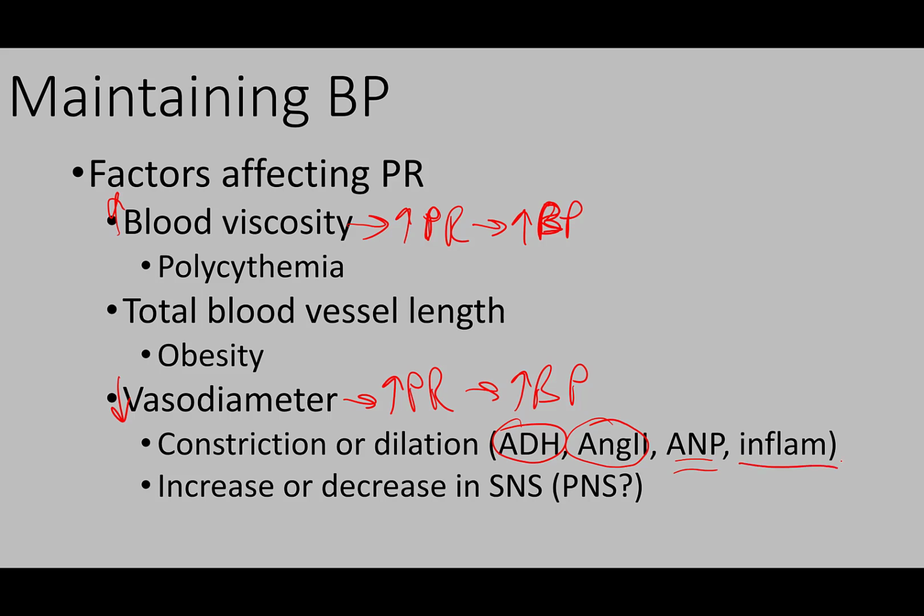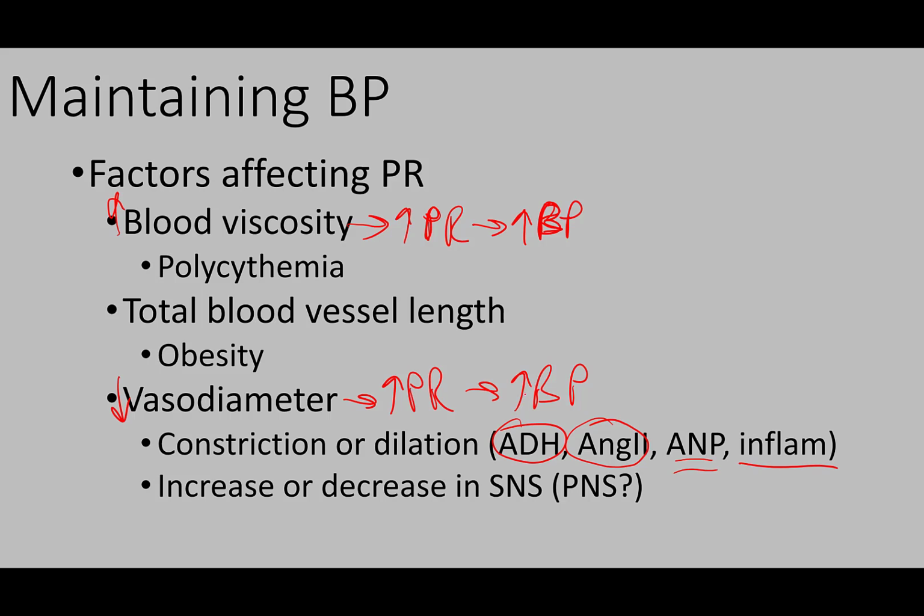Inflammatory chemicals such as heparin. Remember, heparin was one of the things released from basophils. So heparin or other inflammatory chemicals, histamine, causes vasodilation, decreasing peripheral resistance, decreasing blood pressure.